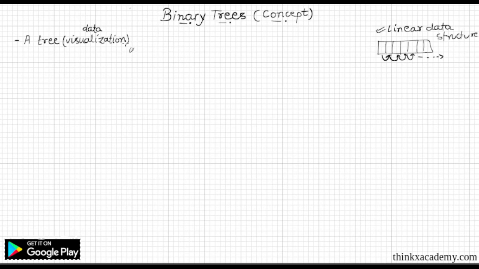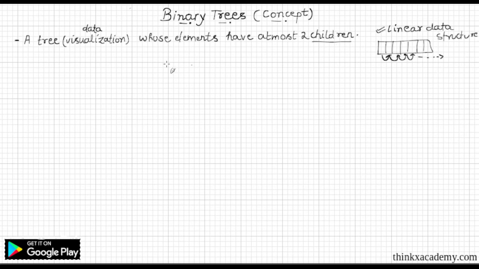So a binary tree is a tree whose elements have at most two children. We will get to the meaning of children.